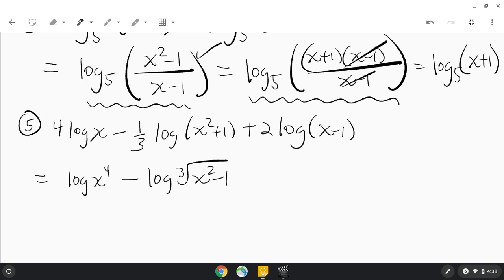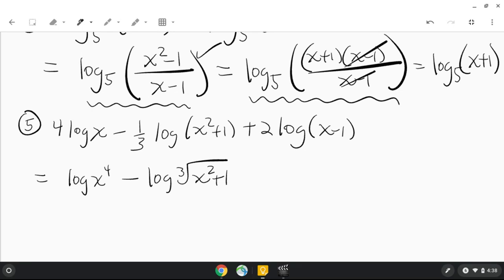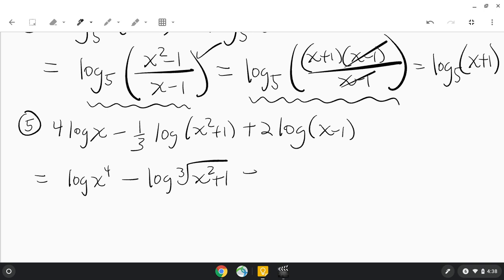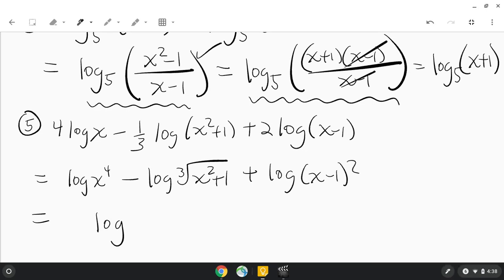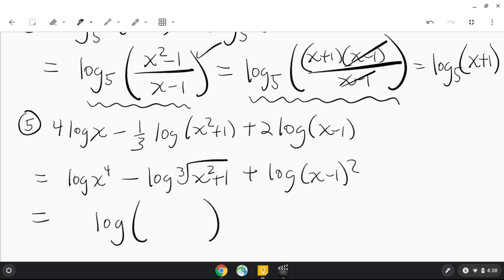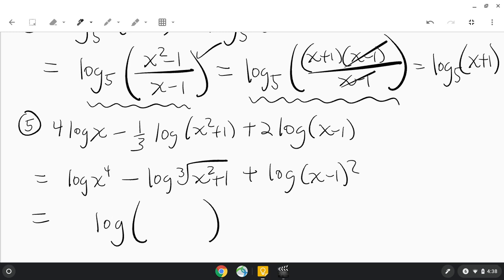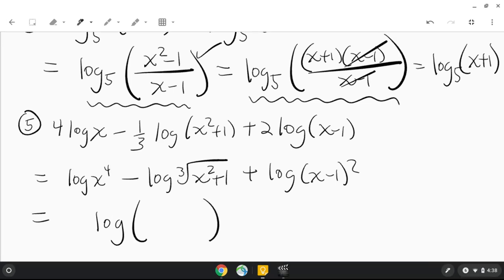That's supposed to be a plus. And then this one, x minus 1 squared. Okay, so we took care of all the front numbers. Now let's condense to a single log. Anything that's positive will go in the numerator. That first log is positive, so x to the fourth will go up here.